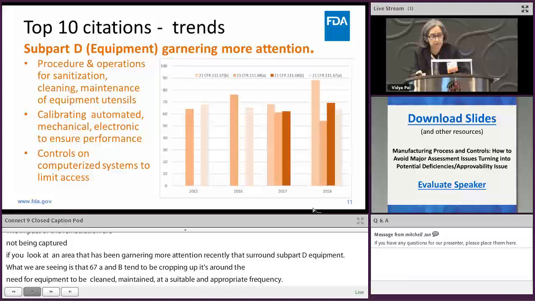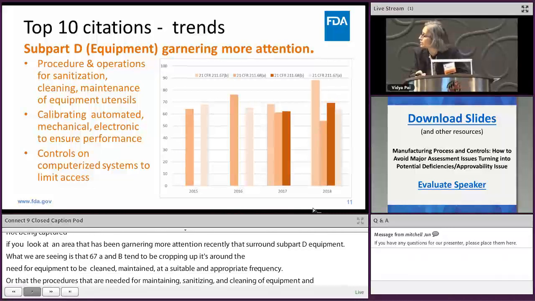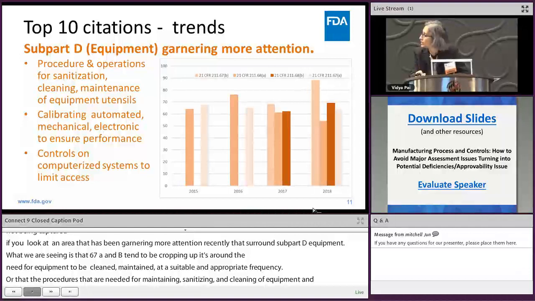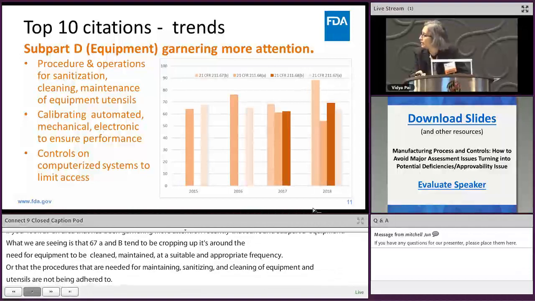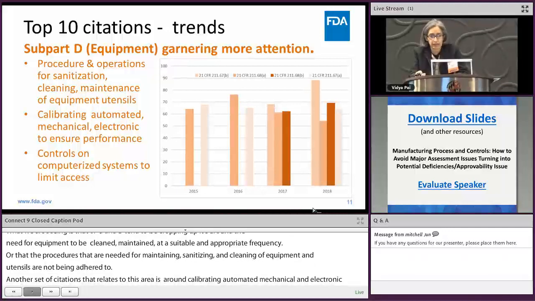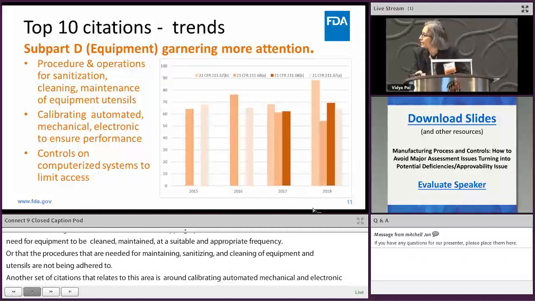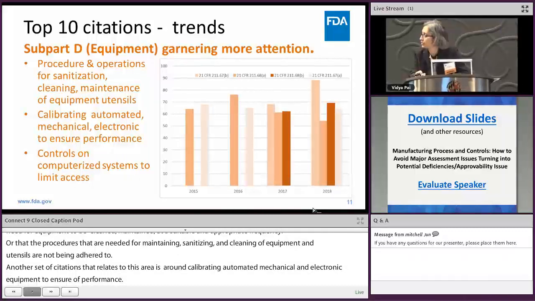Another set of citations that relate to this area, subpart D, is around calibrating automated, mechanical and electronic equipment to ensure performance. As our equipment systems get more and more automated, the need to ensure that they're appropriately calibrated and functioning to the right metric is very important.